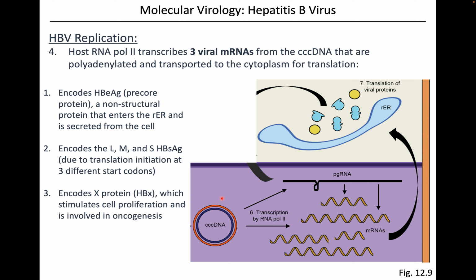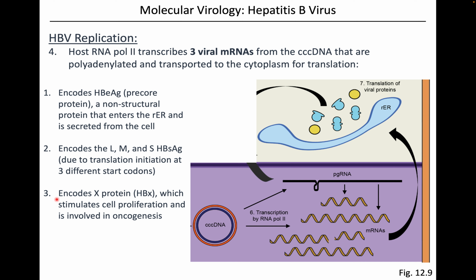So then once we have our cccDNA, that can be transcribed by host RNA polymerase 2 into 3, and I'm going to argue really it's 4 viral messenger RNAs, but we'll stick with the book, 3. And I'm not worried about this for the test, but each one of those 3 encodes different proteins that you can see listed over here on the left side of the slide.